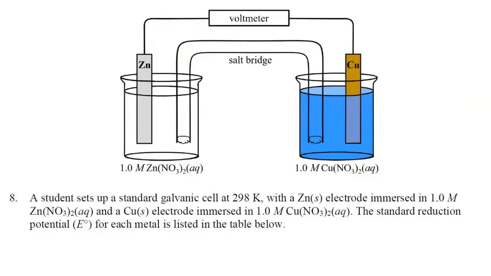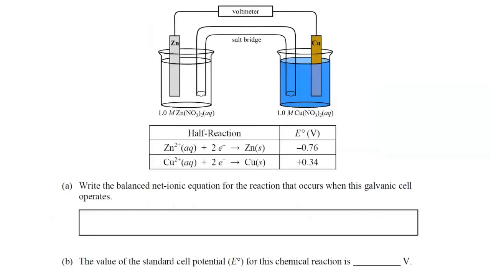In question 8, it says a student sets up a standard galvanic cell at 298 kelvins with a solid zinc electrode immersed in a 1 molar solution of aqueous zinc nitrate and a solid copper electrode immersed in a 1 molar solution of aqueous copper nitrate. The standard reduction potential for each metal is listed in the table below.